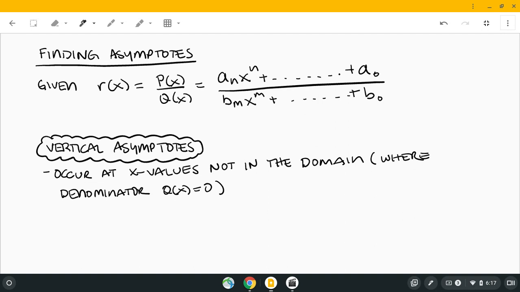Since they're not part of the domain, you're not going to have a point of the graph at that x value. You're not going to have a part of the graph there. Instead of a point, you will have a vertical asymptote, okay?